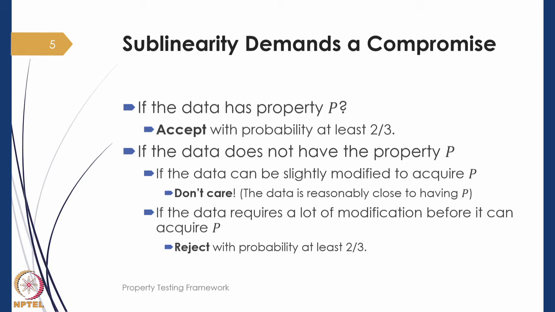And they also make sense from practice because typically we are willing to live with a little bit of compromise on the accuracy, and if the data set is close to having the property P, we will be willing to compromise and say we don't care if the question is answered correctly or not.